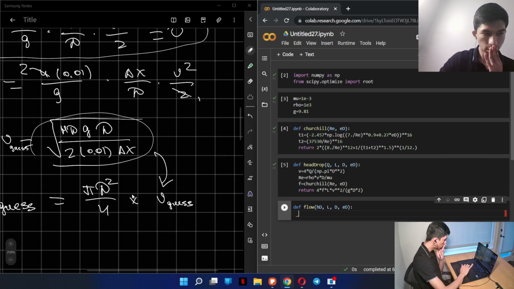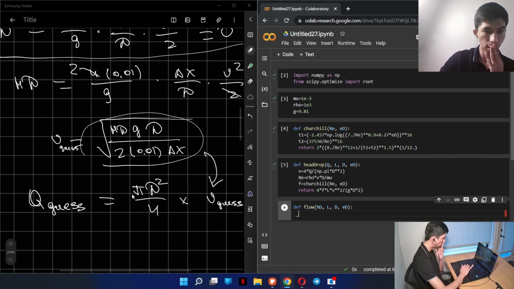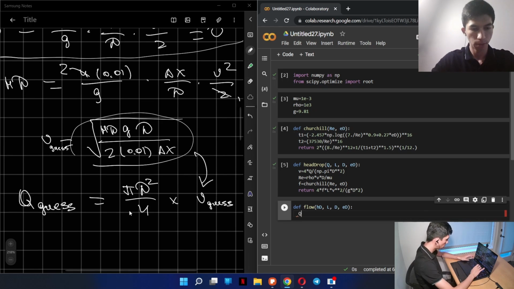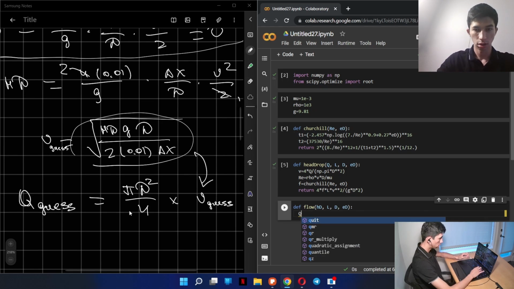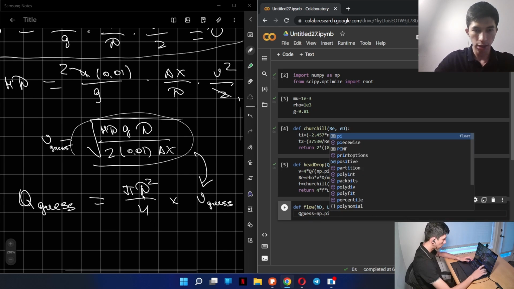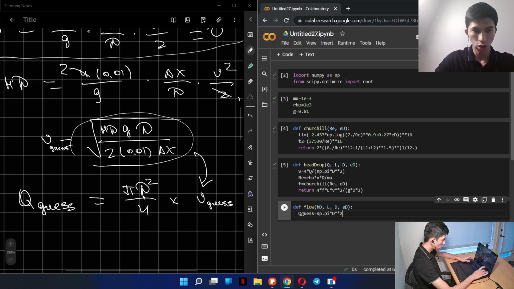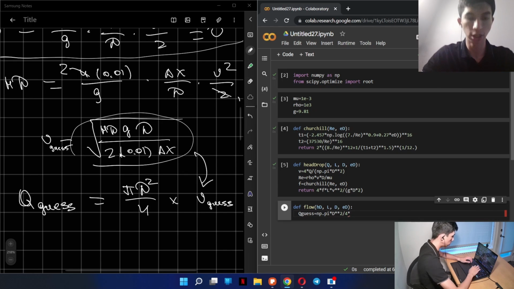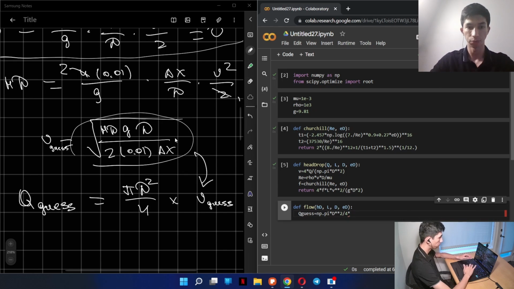Okay, so what are the things that we need to plug in? We have the Q guess, right? So the flow rate guess is going to be equal to np.pi times the diameter squared over 4, multiplied by the velocity, which is from the guess velocity.